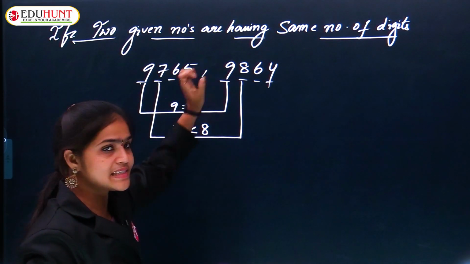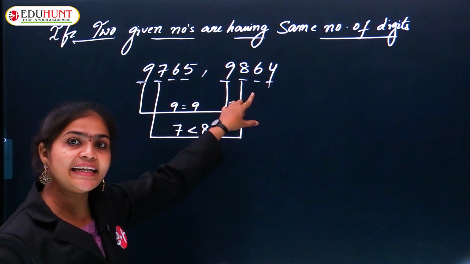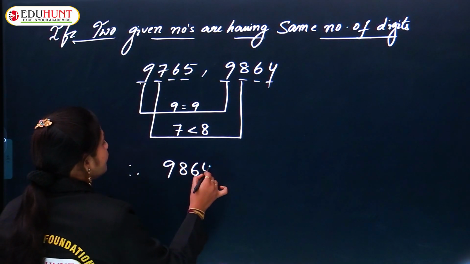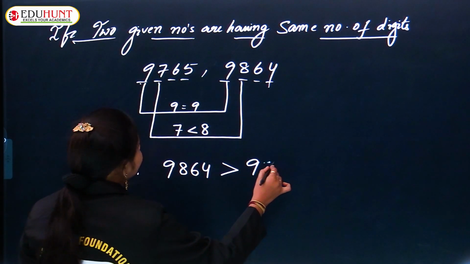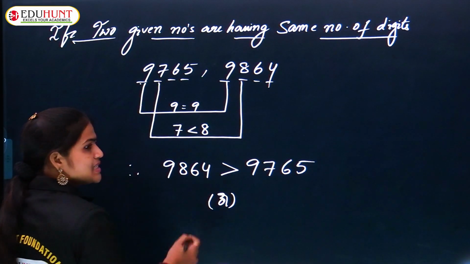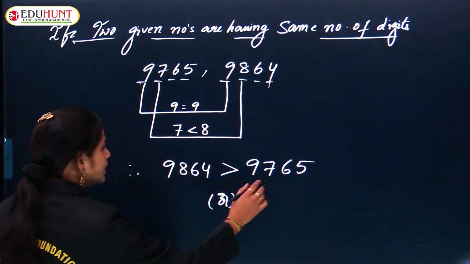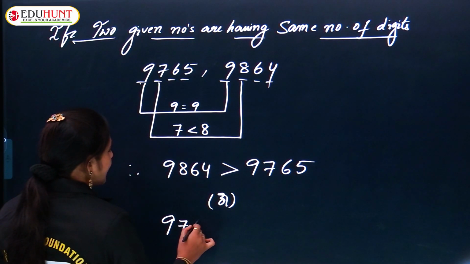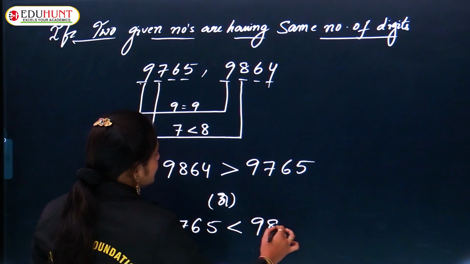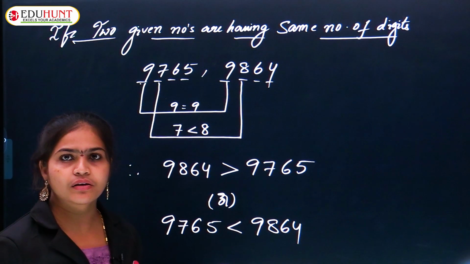Here 7 is there, here 8 is there. By comparing 7 and 8, 8 is greater. That's why 9864 is greater than 9765. Comparison means greater than, less than, or equal to; three signs we are using. Next we can write 9765 is less than 9864.